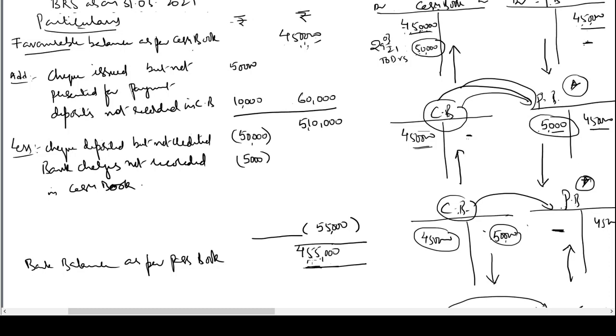Actually, what we are explaining is, in this statement we are telling that the cash book and the passbook were showing a difference because of these reasons. If these reasons were not there, then the balance would have been equal. So that is how we have reconciled the balances, 4,50,000 with 4,55,000.